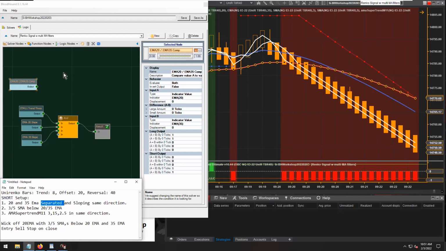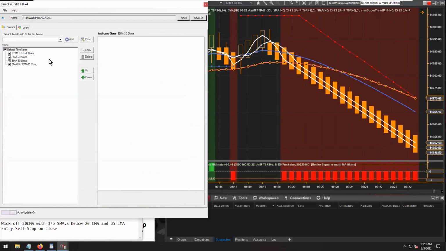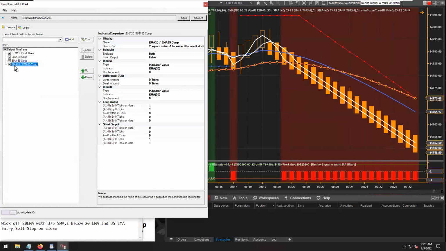All right. So let's see here. Yeah. So I can use this same comparison solver, but just make some modifications to it. So I'm going to go over to the solvers tab, and here's that EMA 20 and 35 comparison solver. I'm going to make a copy of it.